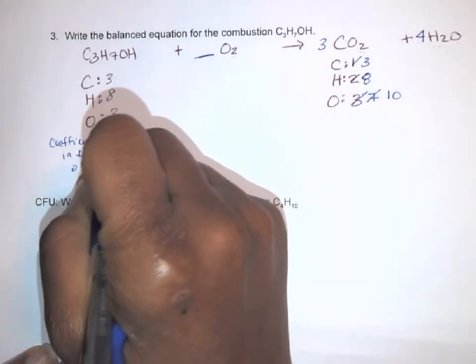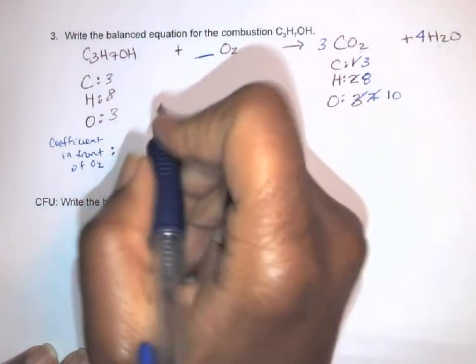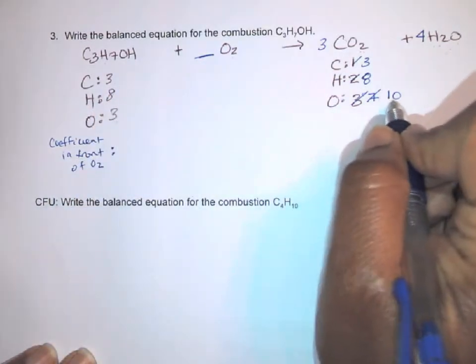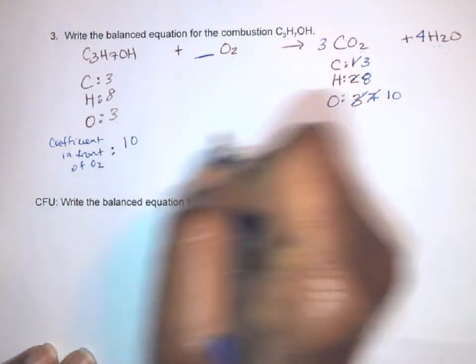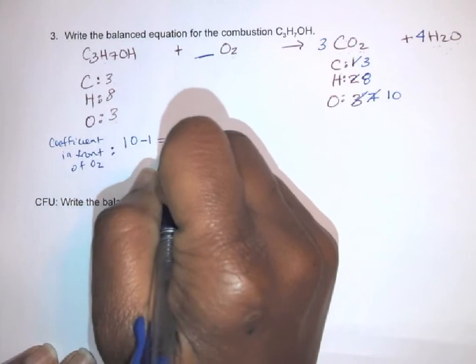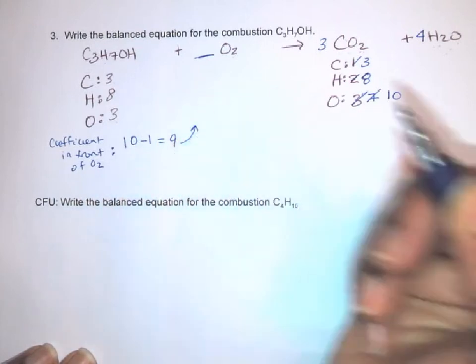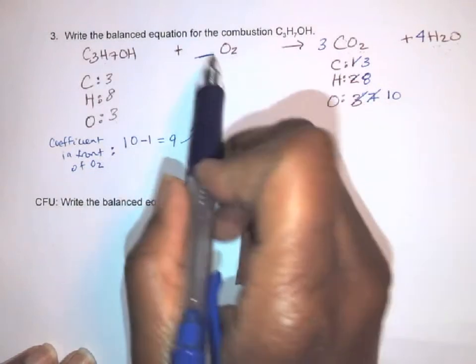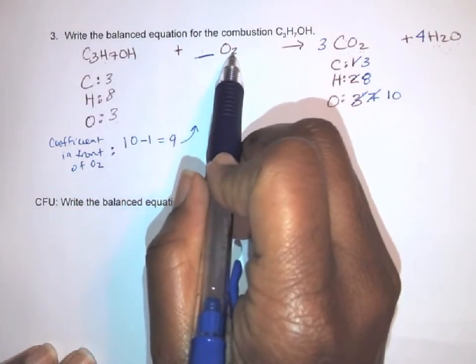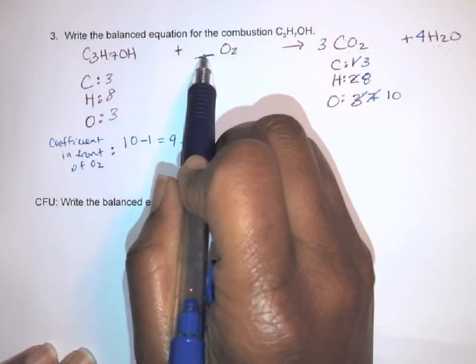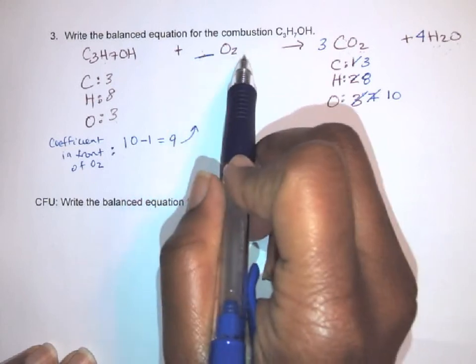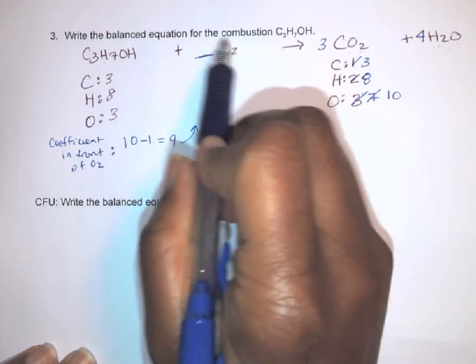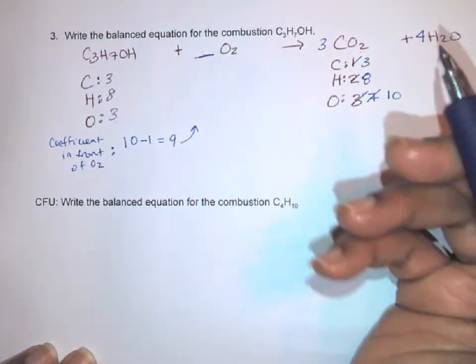To figure out the coefficient in front of O2, I take the number of oxygens I'm aiming for, 10, minus 1, which means I need 9 from O2. So now I'm asking myself, 2 times what will give me that 9? Because if I have 2 times that number, I get 9 over here plus 1 over here, which is 10.